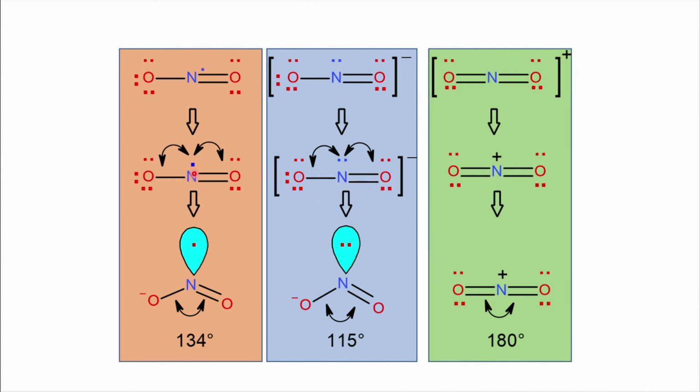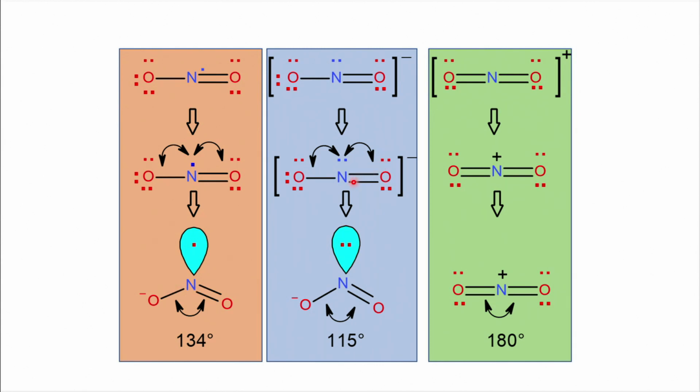So there is a strong repulsion between the lone pair on oxygen and the bonding pair. So water also has a bent structure, but the bond angle is very low compared to the NO2 here, because here the bond angle is 134 degree. That means the repulsion between this lone electron and the bonding electron is not very high.